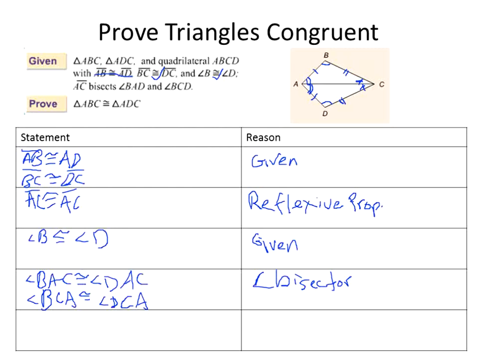And so once I've got that, I have all three sides congruent, all three angles congruent. So I can actually write now that triangle ABC is congruent to triangle ABC. And that would be because of our polygon congruence postulate.